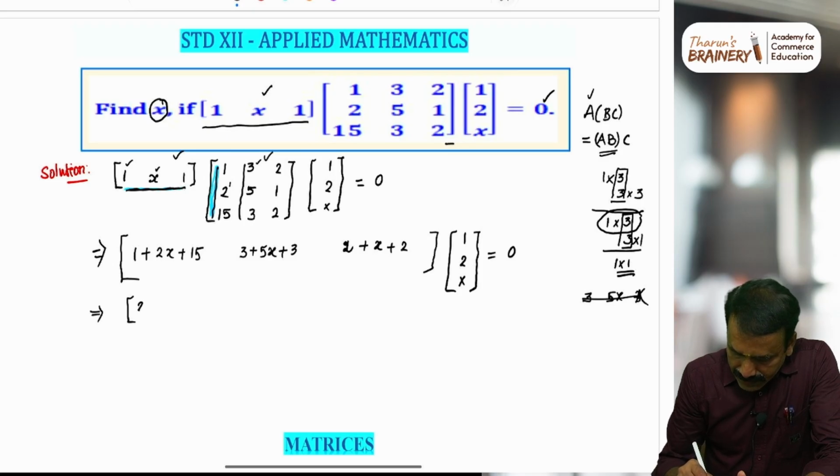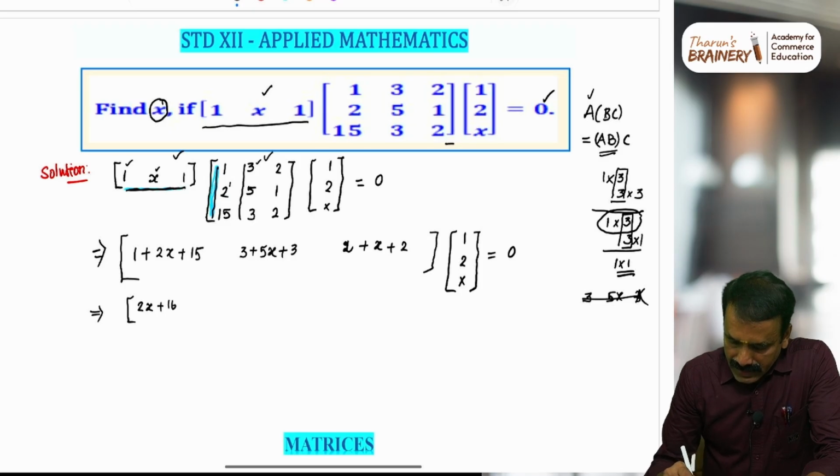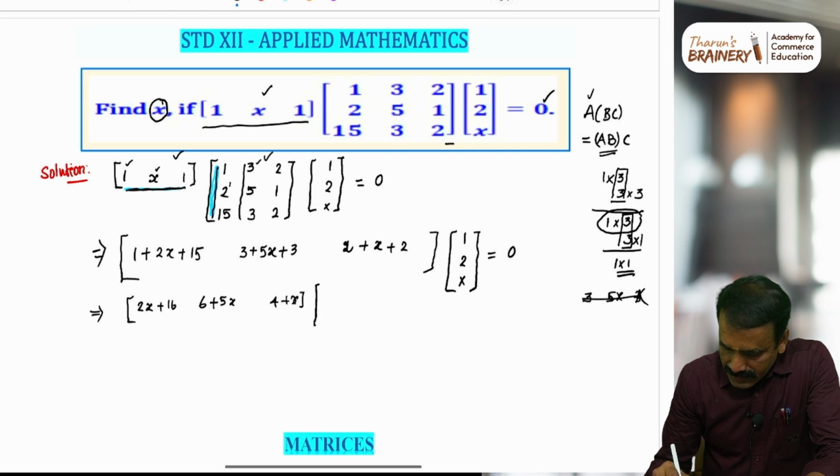2x is there, 1 plus 15, it is going to be 16. Then 3 plus 3, 6 plus 5x. Then 2 plus 2, 4 plus x. This is multiplied with [1; 2; x], which is equal to the null matrix.